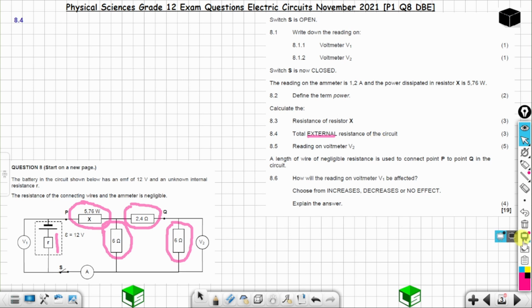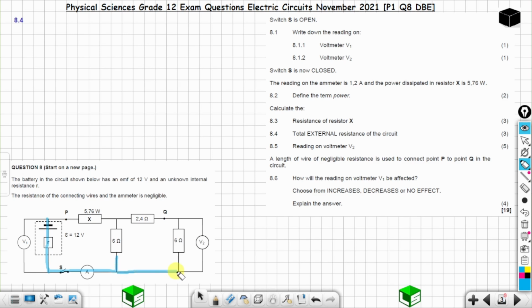So let me show you. The switch S is closed. Now you have the current coming from the battery, flowing through the ammeter. At this node, the current is going to divide.